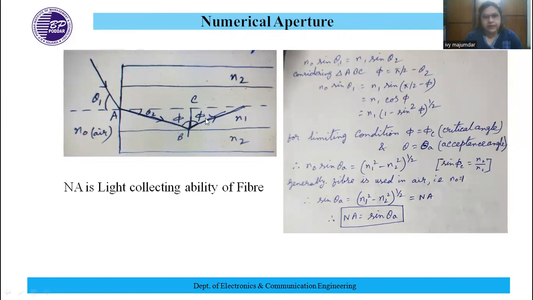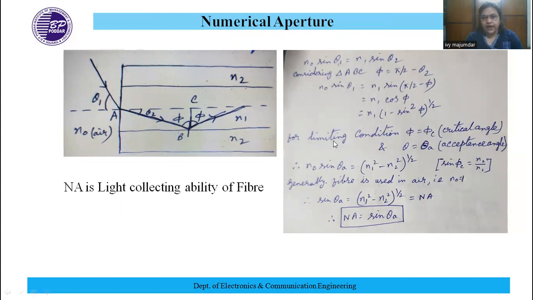Now, for the limiting condition, phi will be equal to the critical angle phi c, and theta 1 will be equal to the acceptance angle theta a. Hence, we can write n0 sin theta a is equal to n1 times (1 minus sin square phi c) to the power half. Now, from Snell's law, sin phi c is equal to n2 by n1.